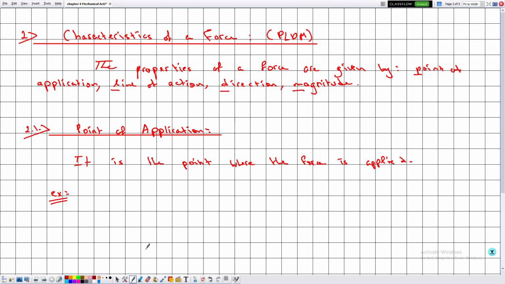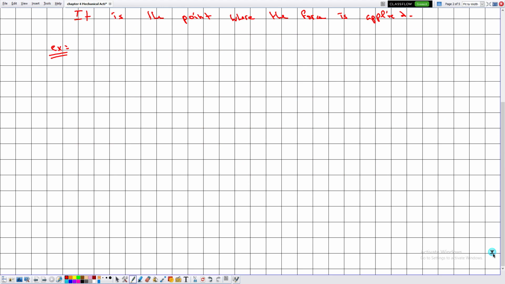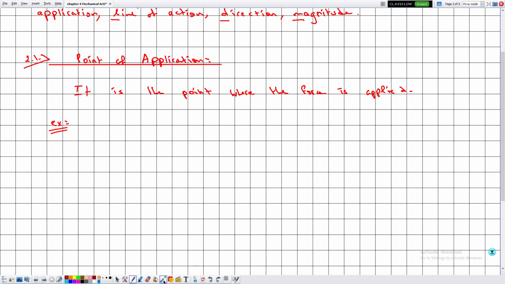Suppose that a certain force, a certain mechanical action, is represented by the following vector. So you all know what is meant by a vector. The vector consists of a segment having a tail and a head. So this is the head of the vector, this is the tail of the vector. So let's say that this is the point A, and simply we say the point of application is given by the point A. Okay, so this is it for the point of application.